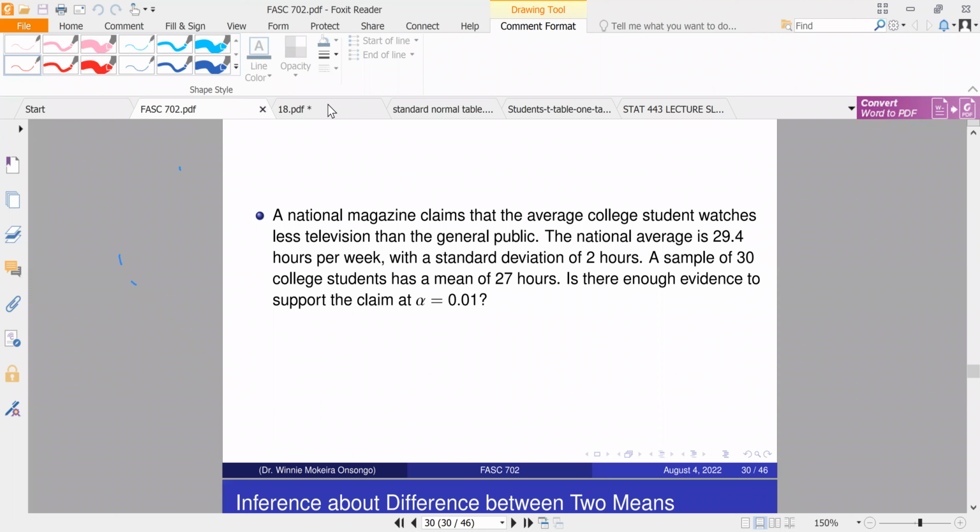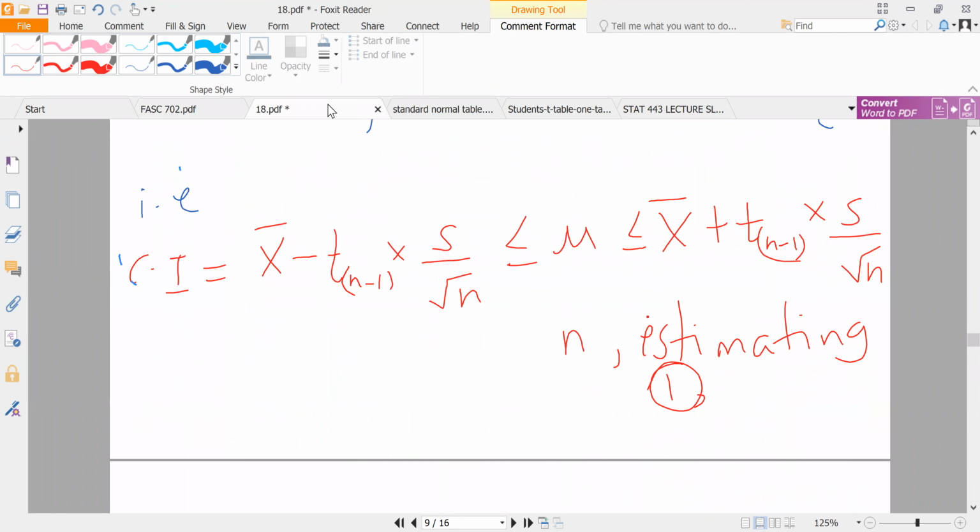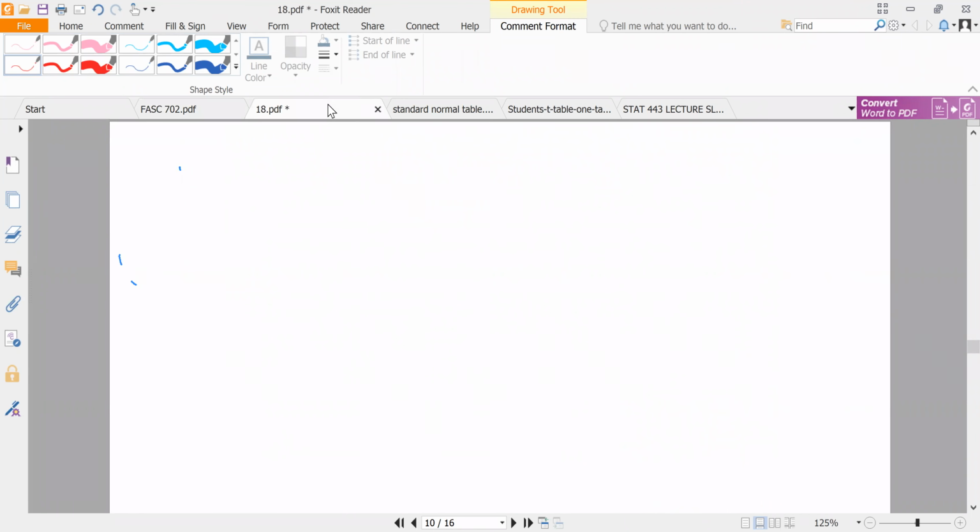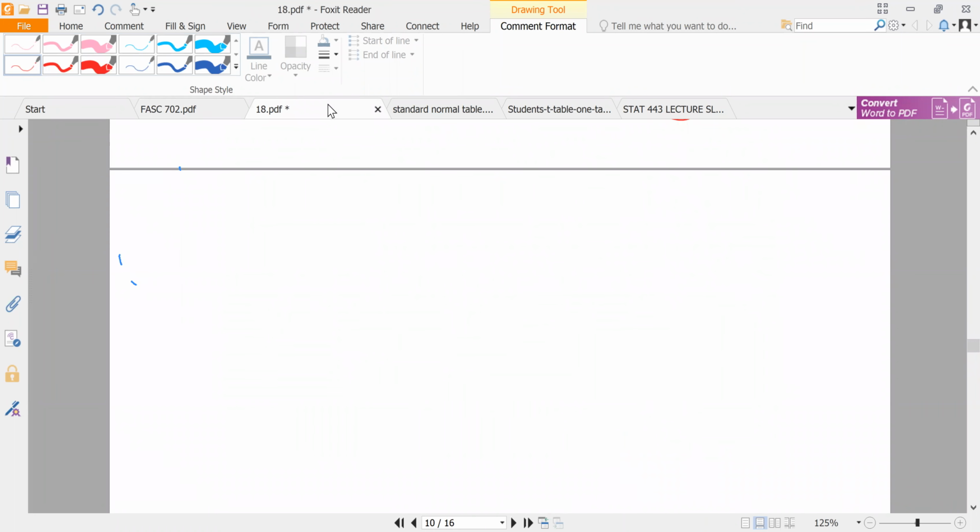So according to this problem, the national mean in terms of the hours spent to watch television is 29.4 hours, and it has a standard deviation sigma of 2 hours.